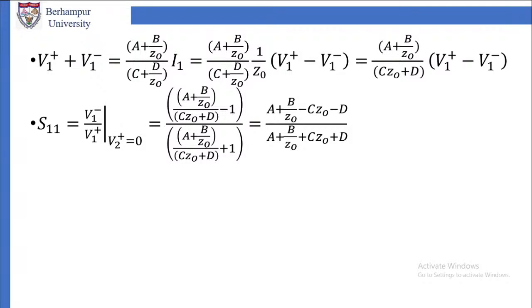The numerator of S11 will be A plus B by Z0 minus C Z0 minus D, and the denominator will be A plus B by Z0 plus C Z0 plus D. Similarly, you can find out S12, S21 and S22.